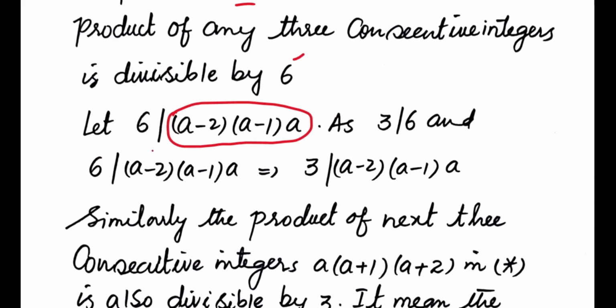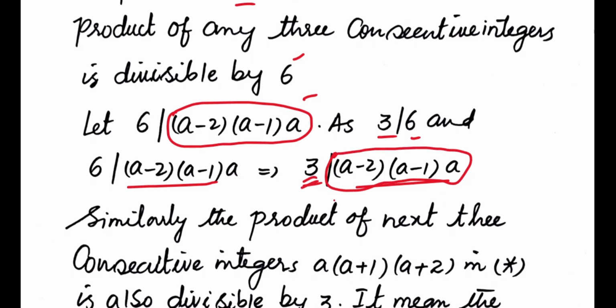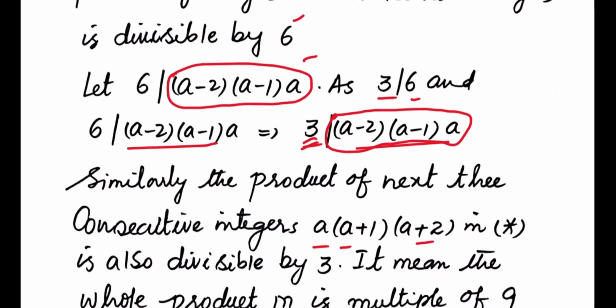So 6 divides the product of these three consecutive integers. As 3 divides 6 and 6 divides this product, this implies 3 divides the product of these three consecutive integers. And it is also clear, as we have shown above, that the product of any three consecutive integers is always divisible by 3. Similarly, the product of the next three consecutive integers, a into a plus 1 into a plus 2 in star, is also divisible by 3.